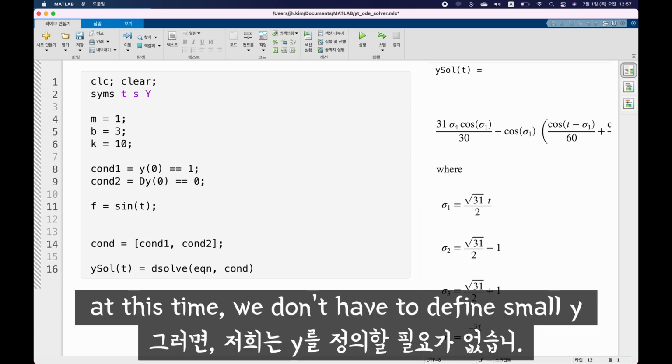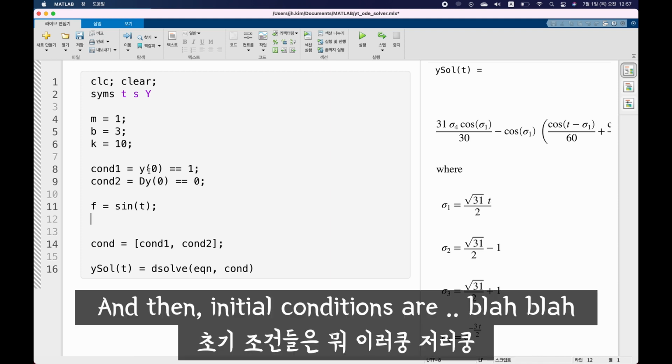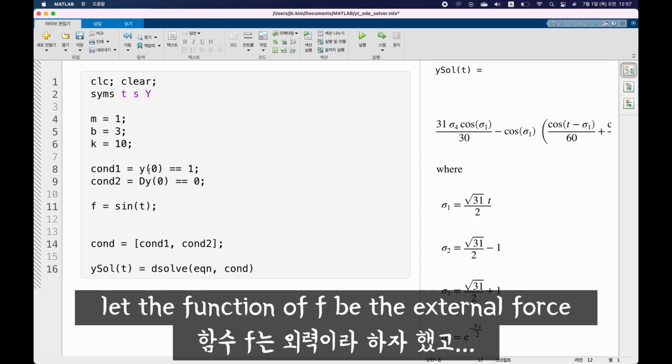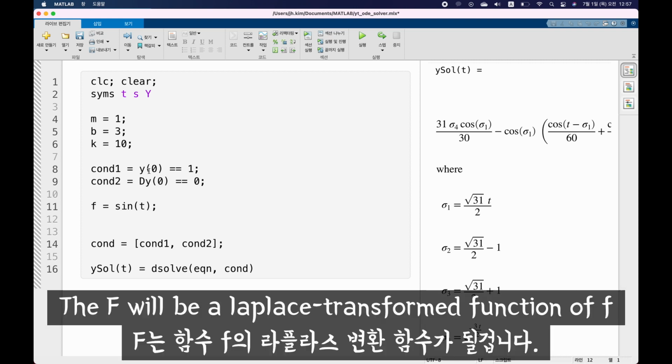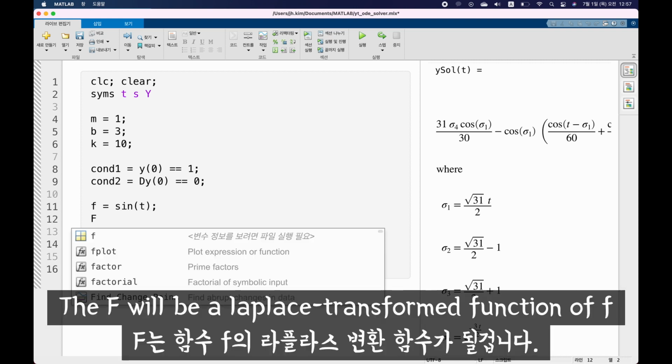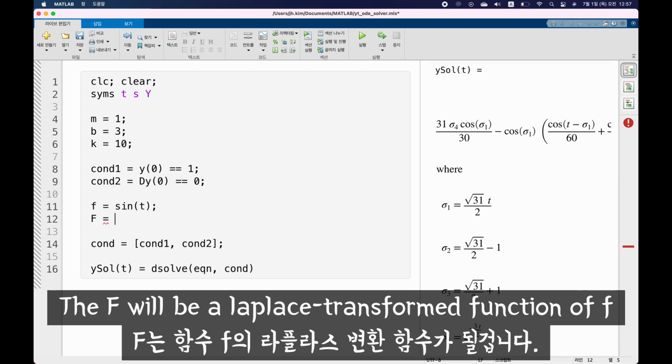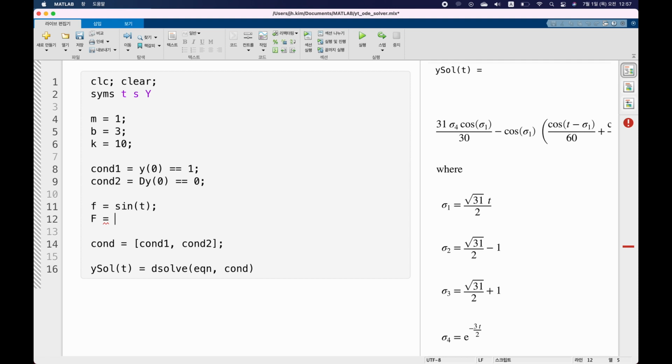At this time, you don't have to define small y. And the initial conditions are like this, and then let the function f be an external force. So f will be sine t, so that capital F will be the Laplace transformed function of small f.